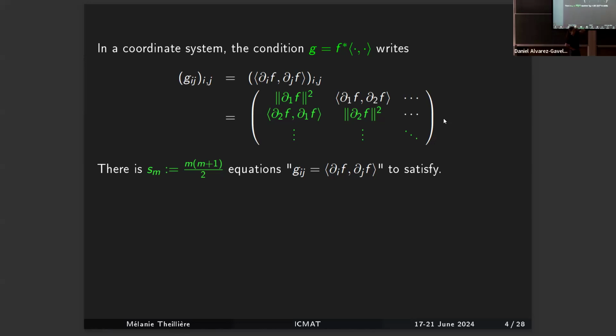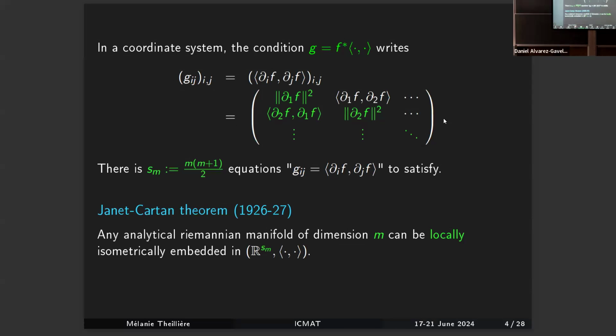Of course, this matrix is symmetric, which means we have just n(n+1)/2 equations to solve. So this is the equation: G_ij equals the scalar product of the derivatives in the directions i and j.